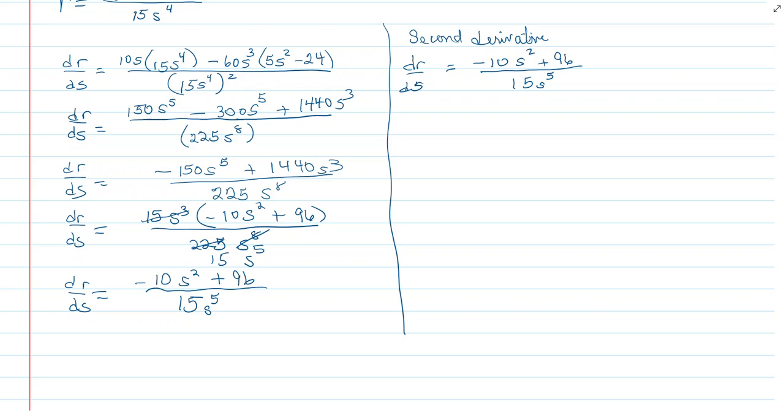In this case, we're going to take the derivative of the top, which is negative 20s, and the derivative of a constant is 0, times the bottom, minus the derivative of the bottom, what is that, 75s to the 4, times the top, all over the bottom squared.